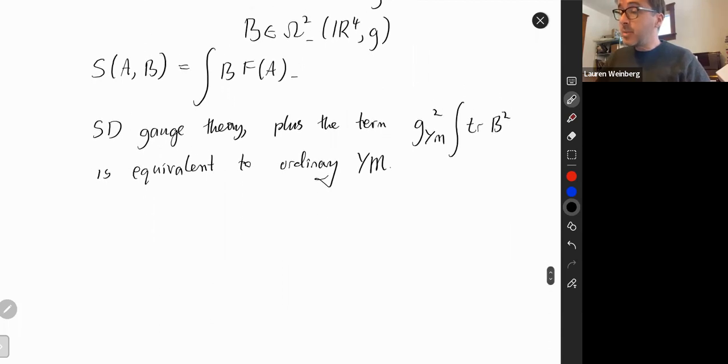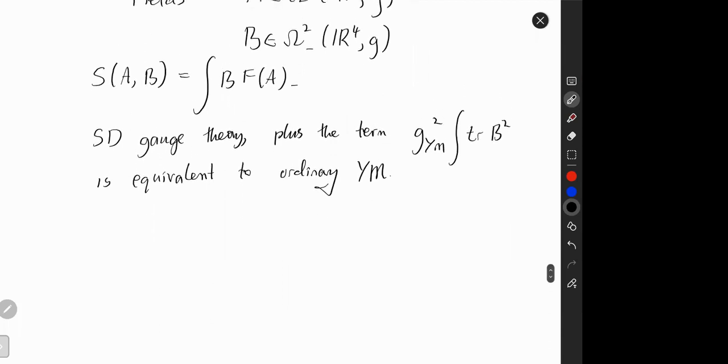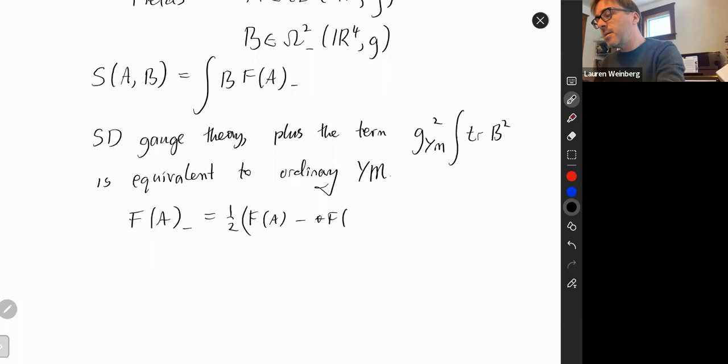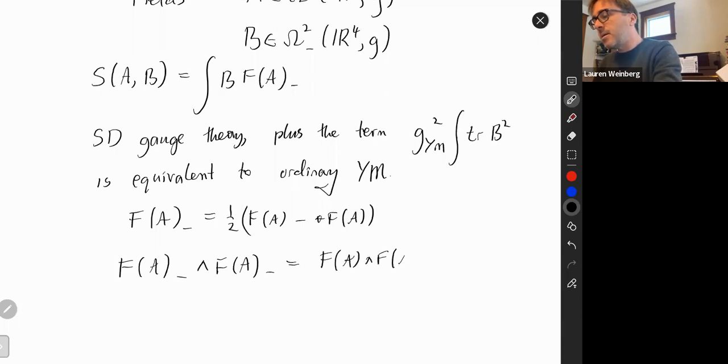Well, to be perfectly precise, you get full Yang-Mills with a certain theta angle, because F_A minus is like half of F_A minus star F_A. So F_A minus wedge F_A minus, up to some constants, gives you F_A wedge F_A plus F wedge star F. The first term is a topological term, and this is the usual Yang-Mills term.